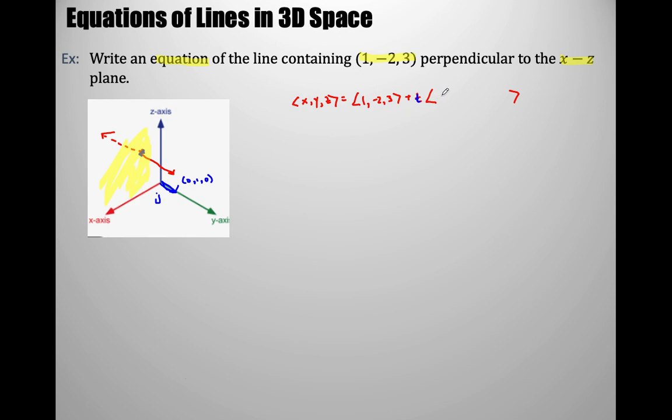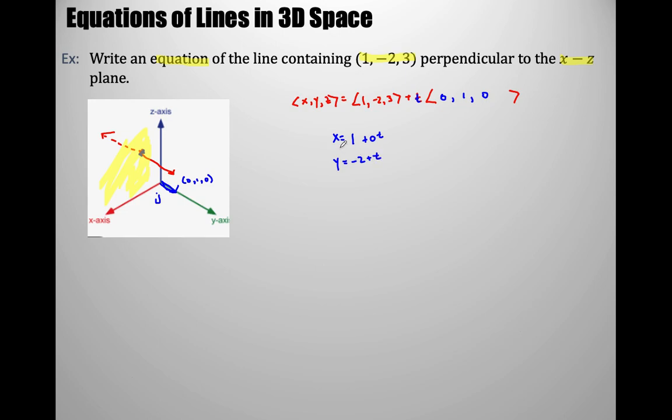So what happens if I put 0, 1, 0 in here? What do I get? Let's look at this in parametric form. What is x equal to? X is equal to 1 plus 0t, or just 1. Y, though, is equal to -2 plus t.